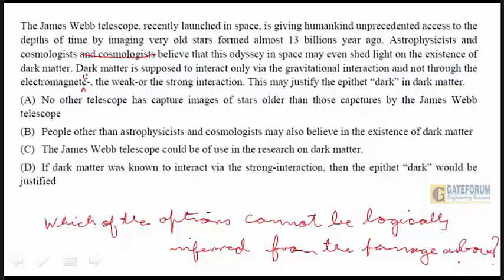Astrophysicists are physicists who determine the physics of astrology. The astro means the universe, and cosmologists means those who theorize. Cosmologists are more theoretical people, okay. About the cosmos. Cosmos means still the universe only.